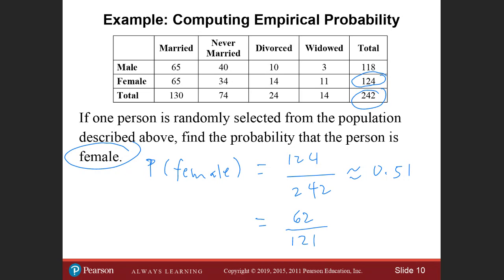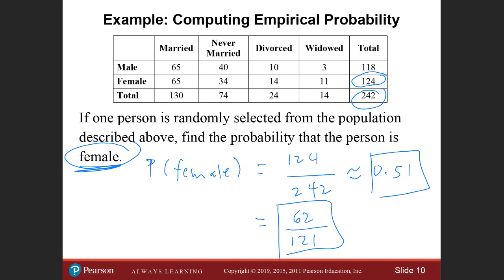So that would be the reduced form. Again, we always reduce our answer. So you can have this as your answer, or you can have this. Okay? So that's the problem there.